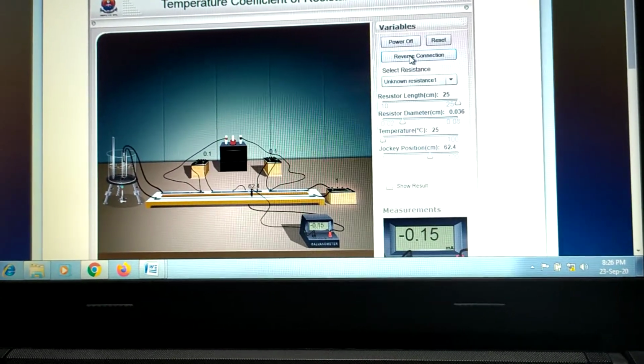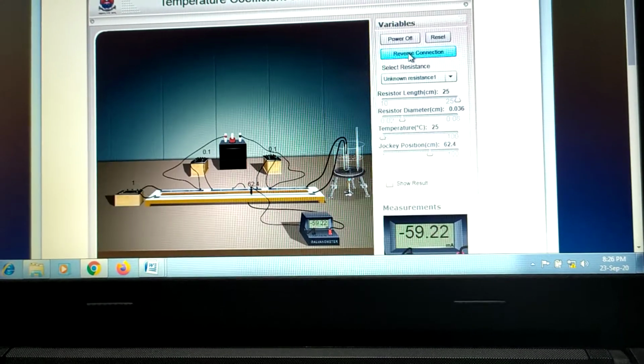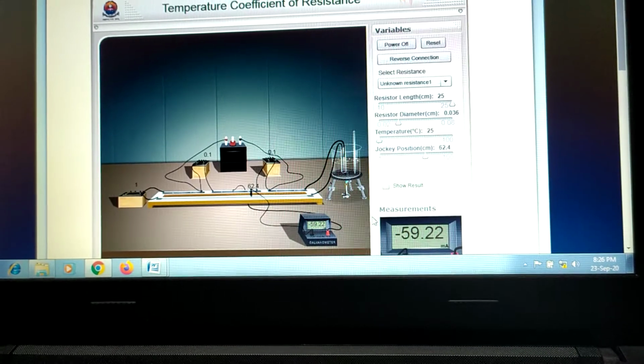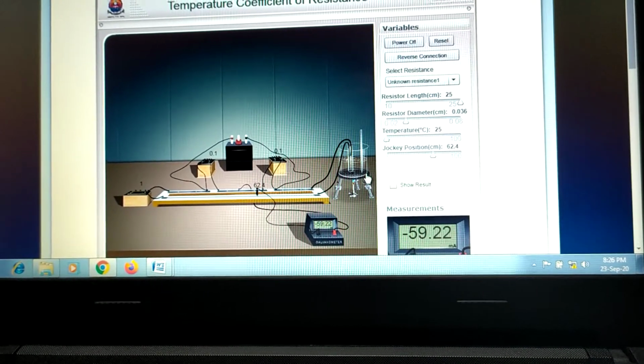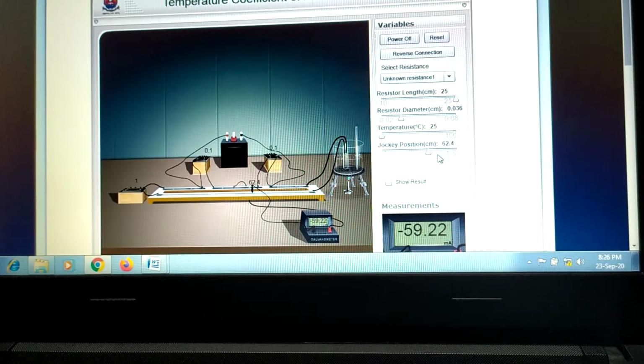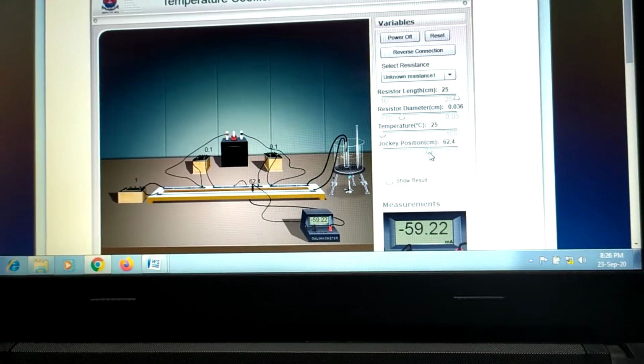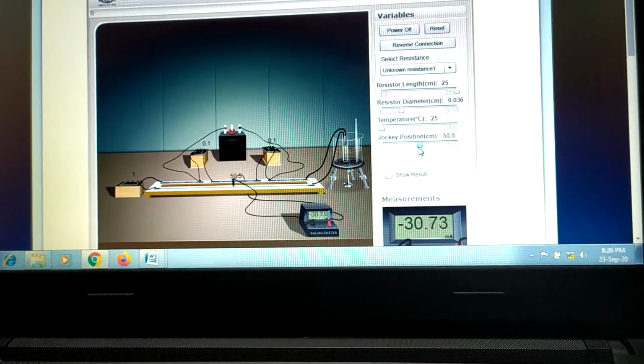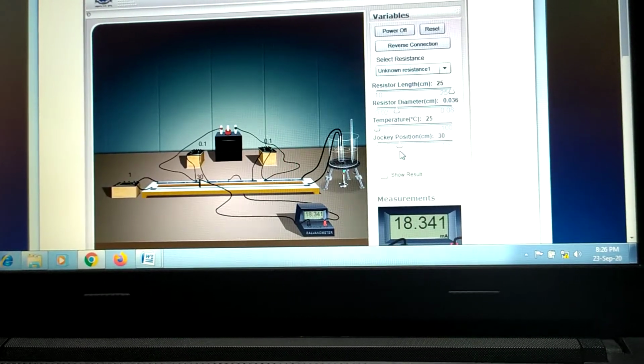Now you take the value in the opposite direction, that is the reverse connection. You just click on reverse connection, and the positions of the fractional resistance and unknown resistance are swapped. Again you take the value for L1, and make the galvanometer reading 0 by sliding the jockey.